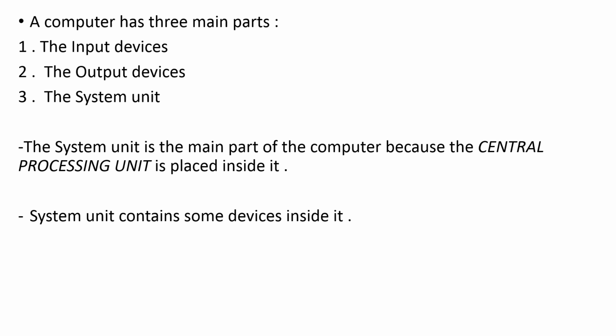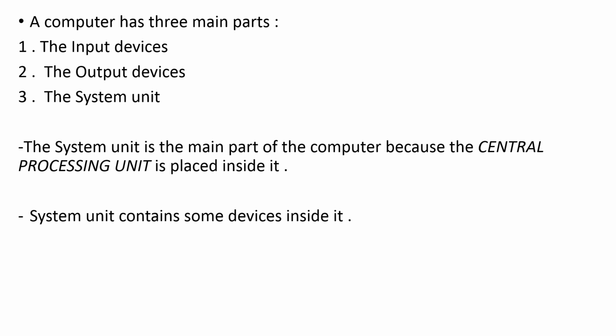As you all know, the CPU is the brain of the computer, and without the brain the computer cannot function, right? Just imagine our body: if we don't have a brain, how will our body function, how will our body parts get the instructions? We will not be able to do any work, right?